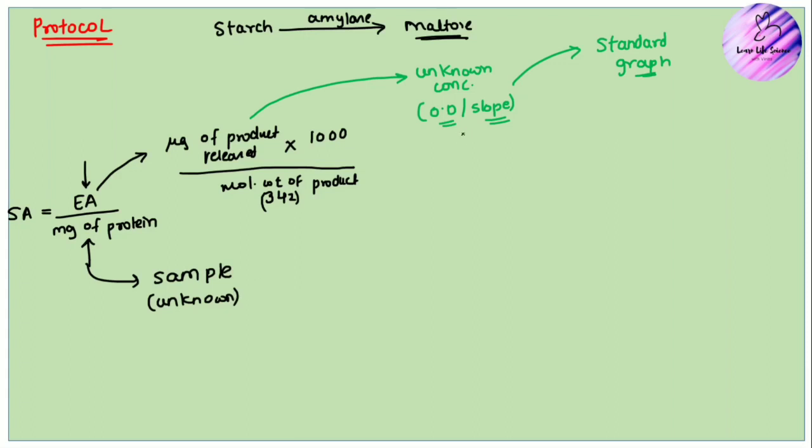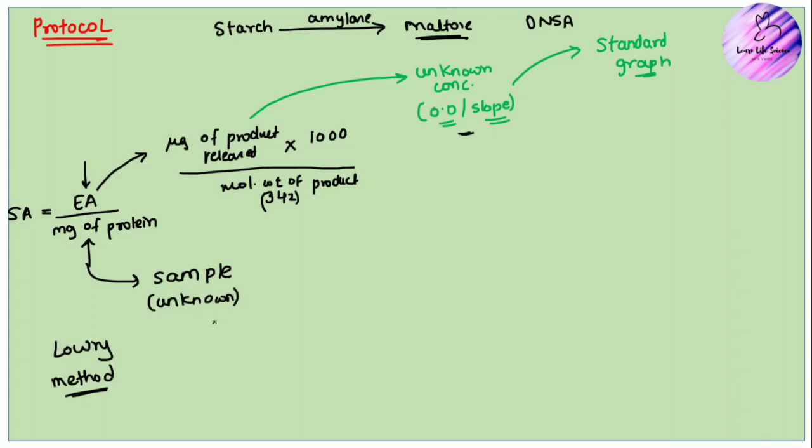By using the same method you have used to calculate the unknown concentration of maltose. For calculating the concentration of protein, we will use the Lowry method, as well as for calculating the unknown concentration of maltose, you will require the DNSA method, in which we use dinitrosalicylic acid, which is reduced by the end product maltose.